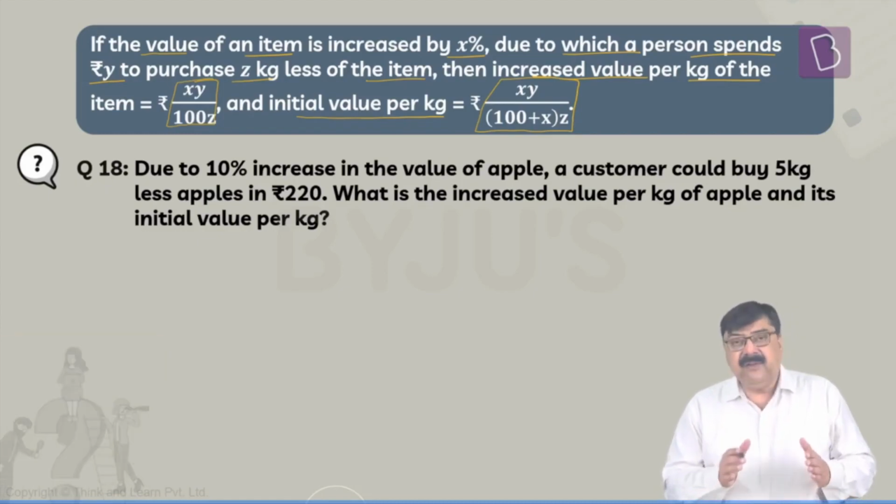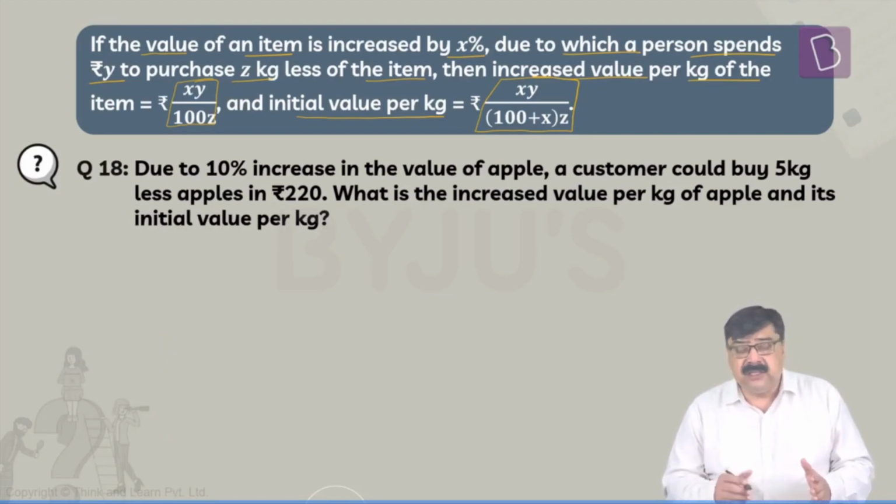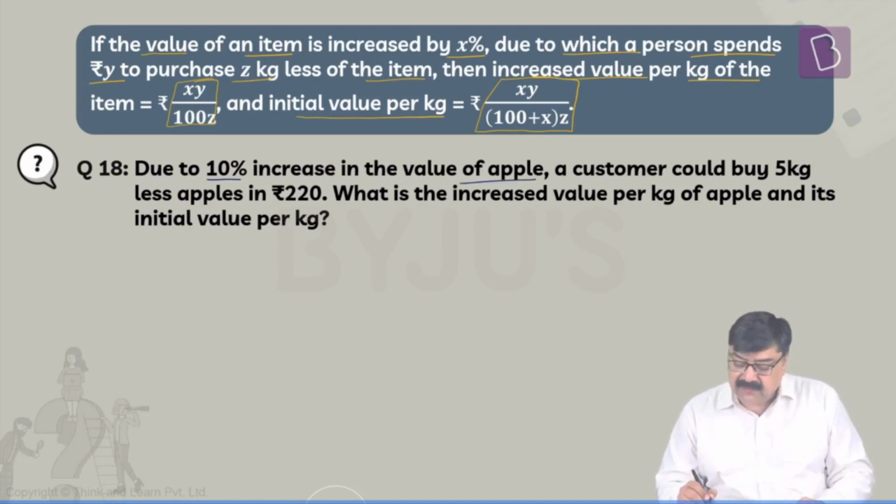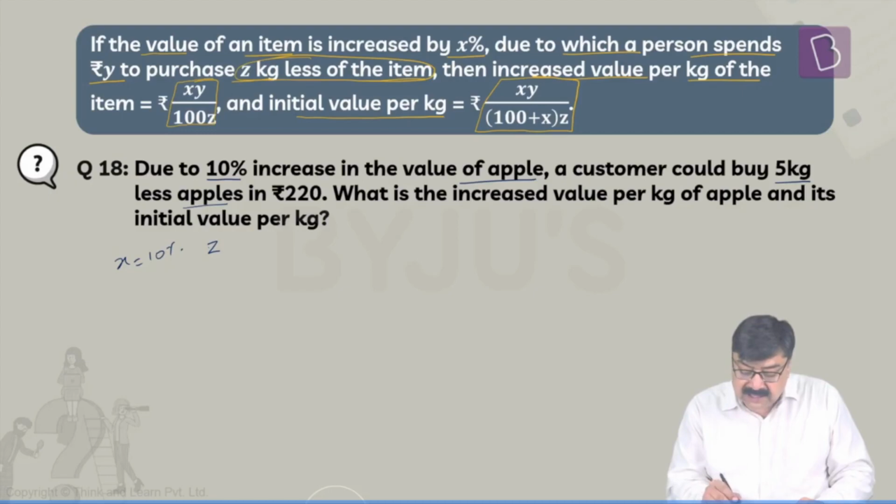Now let us have a look at this question and understand how we can apply these formulas. Now, due to 10% increase in the value of apple, so X here is 10% as we see, if the value of an item is increased by X%. A customer could buy 5 kg less apples, so Z kg less of the item.